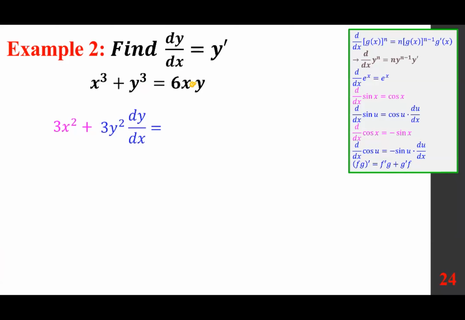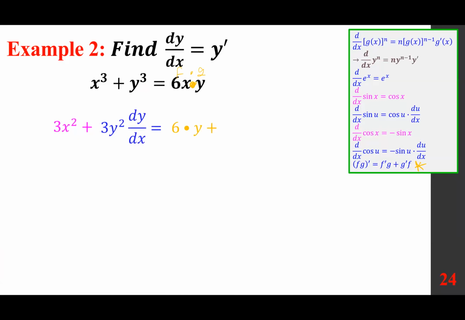This, we use the product rule by calling this the f function, this one the g function. This is the formula. So f prime is 6 times g makes it 6 times y, plus g prime is y prime or dy dx.